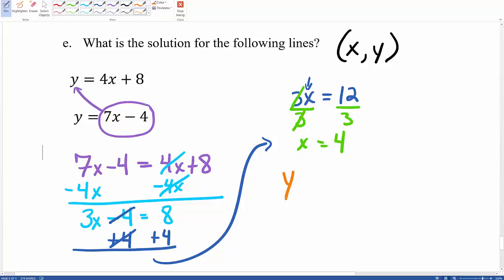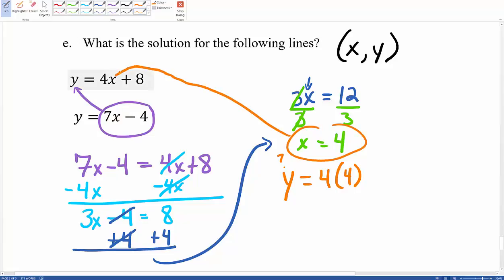When we do that, we end up with y, which we don't know right now, equal to, instead of 4x, 4 times our x value, 4. So again, just substituting this 4 that we just found for the x. And then we still have our plus 8 afterwards.